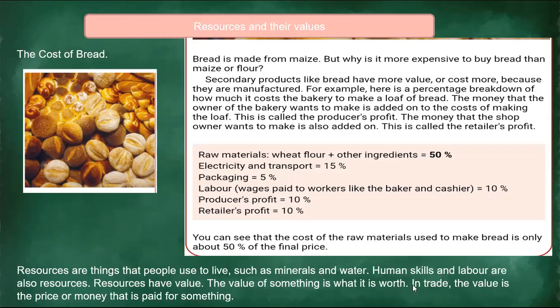In trade, the value is the price or money that is paid for something. I believe you understand the reason why bread costs more than flour or maize. That's the reason.